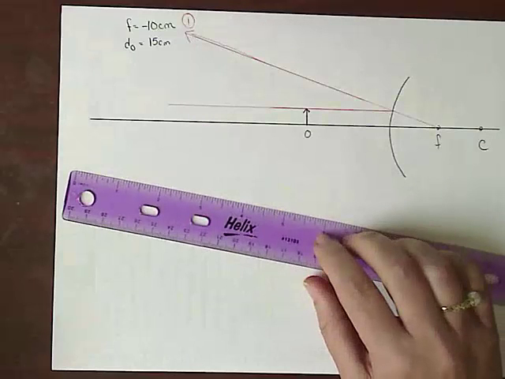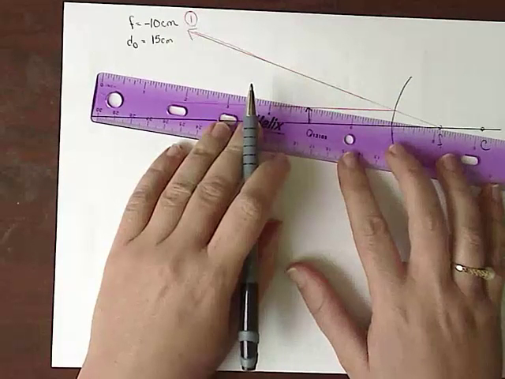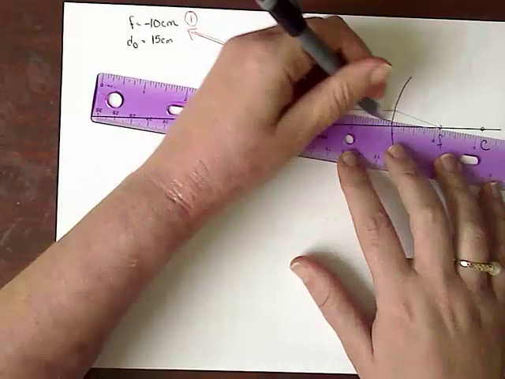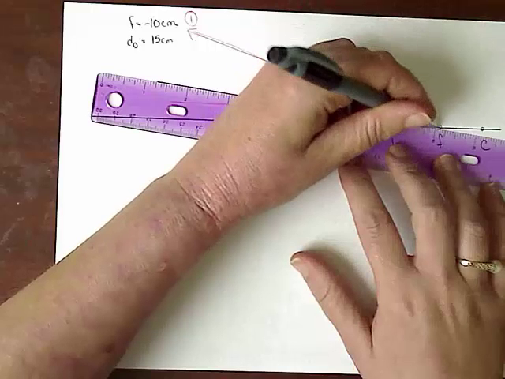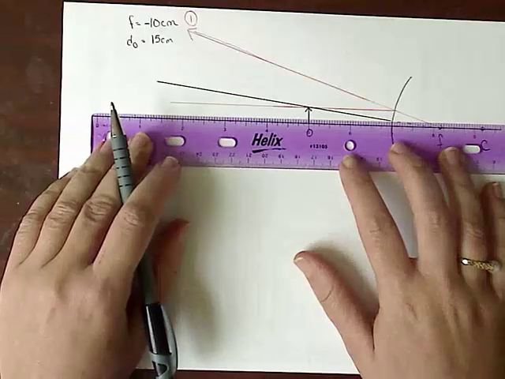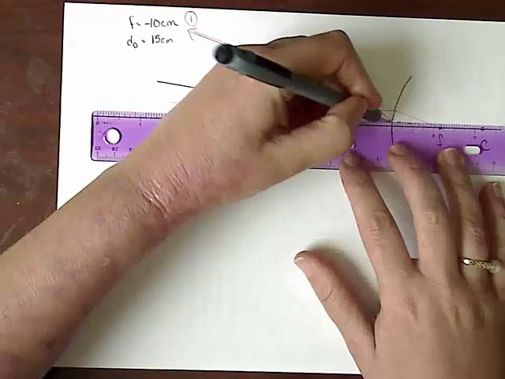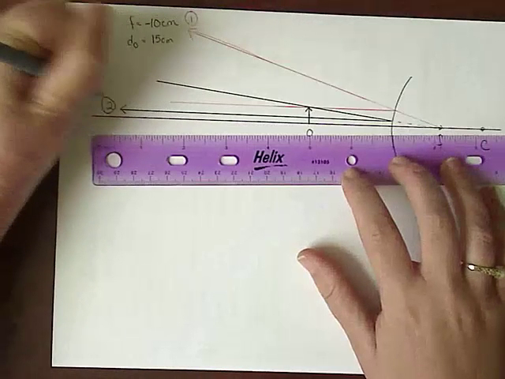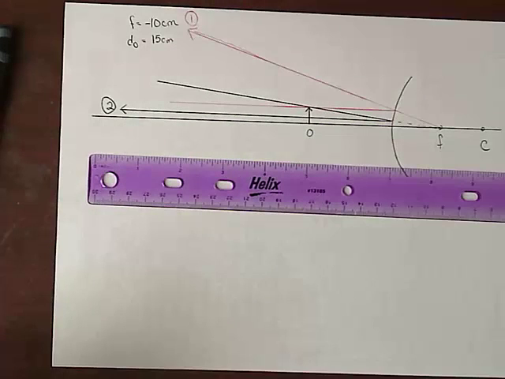Ray number 2 comes in from the tip of the arrow through F. So I take my ruler like this. There's ray 2 coming in. So if I extrapolated it, it would pass through F, and it bounces back parallel to the axis. So I go from wherever it hit the mirror, and I go back as best I can, parallel to the axis. So there's ray 2, and you can see again that these guys are diverging, ray 1 and ray 2.